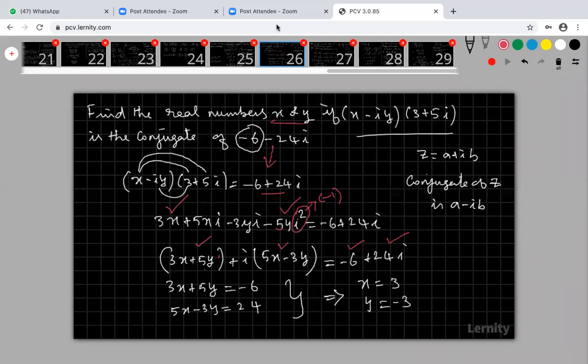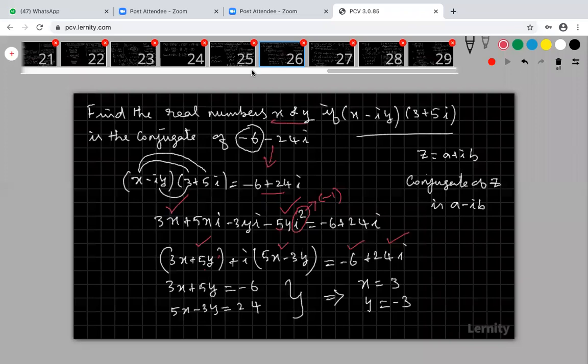Are you okay, Nakshatra? Nakshatra, are you understanding or not? Yes, yes. Since two complex numbers are equal, both the real and imaginary parts should be equal on both sides.